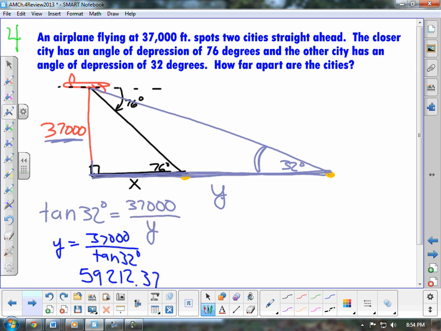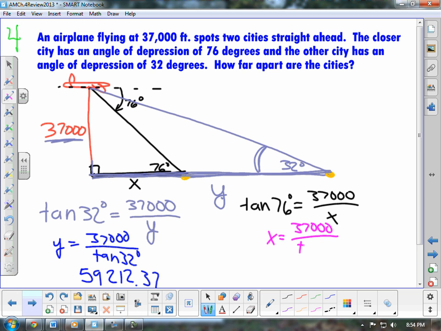To do x, it's the same thing. Tangent of 76 degrees is equal to 37,000 over x. Multiply by x, and then divide by tangent to get x equals 37,000 divided by tangent 76. And when you do that, you will get 9,225.14.